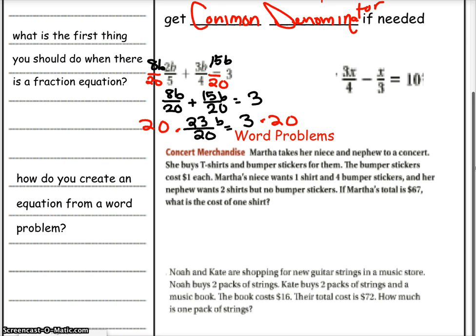That cancels out, and I get 23b equals 60. And now how do you get rid of the 23? Divide. So b equals 60 over 23. Keep it like that. 8th graders keep things improper.